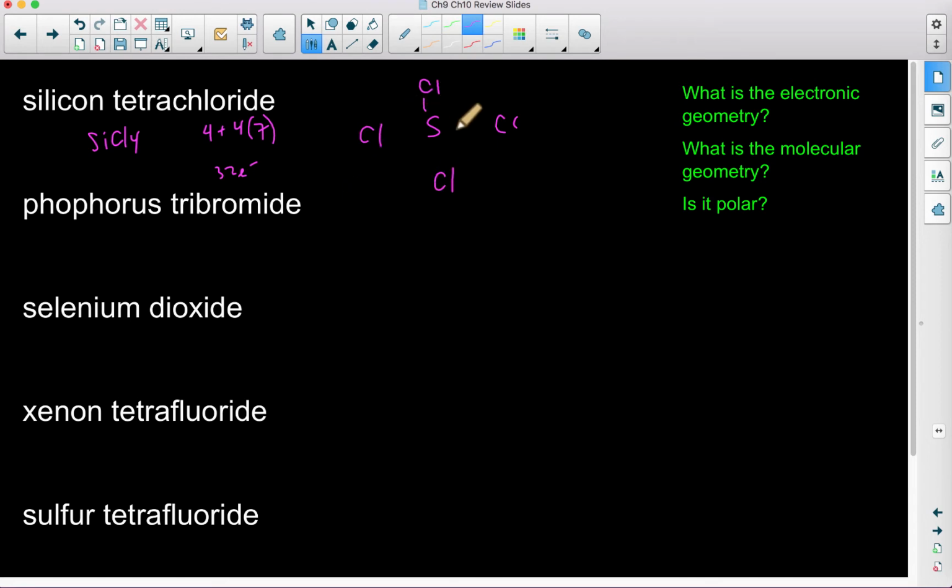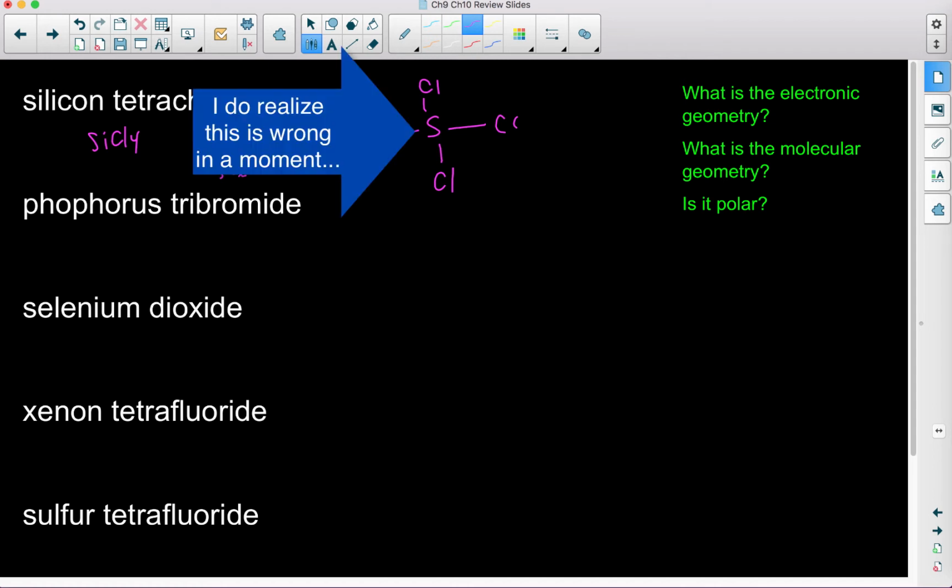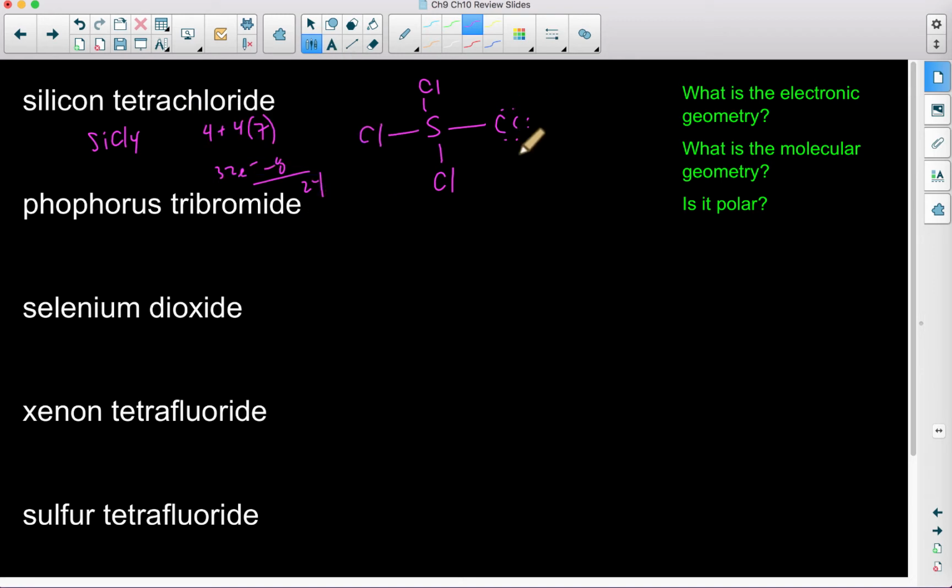And we would bond them, and that costs 8 electrons, which leaves us with 24. And then we will fill my chlorine valences, that's 6 each, times 4, which means that's 24 electrons. So we've actually used all of our valence electrons.